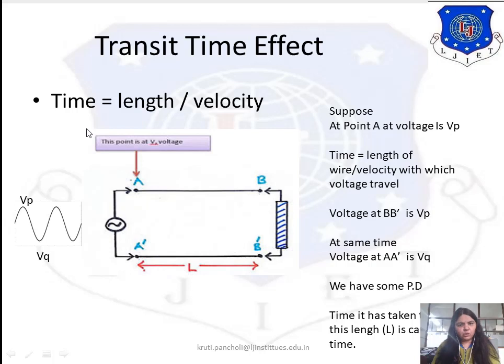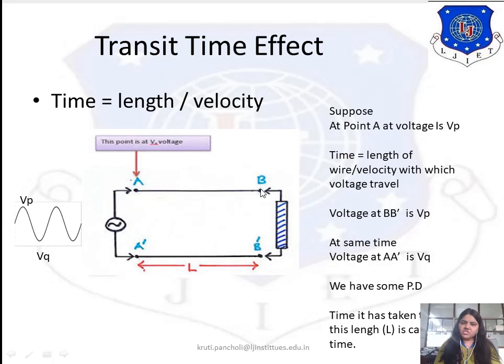So the time taken to travel is equal to the length divided by the velocity. At point A, the voltage is Vp initially. While it travels from this point to this point, it will take time. So time is equal to the length of the wire divided by the velocity with which the voltage travels.